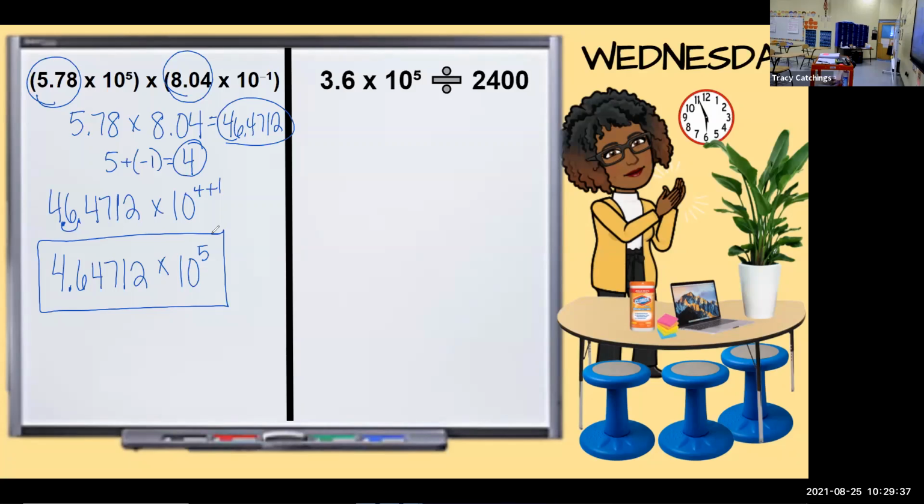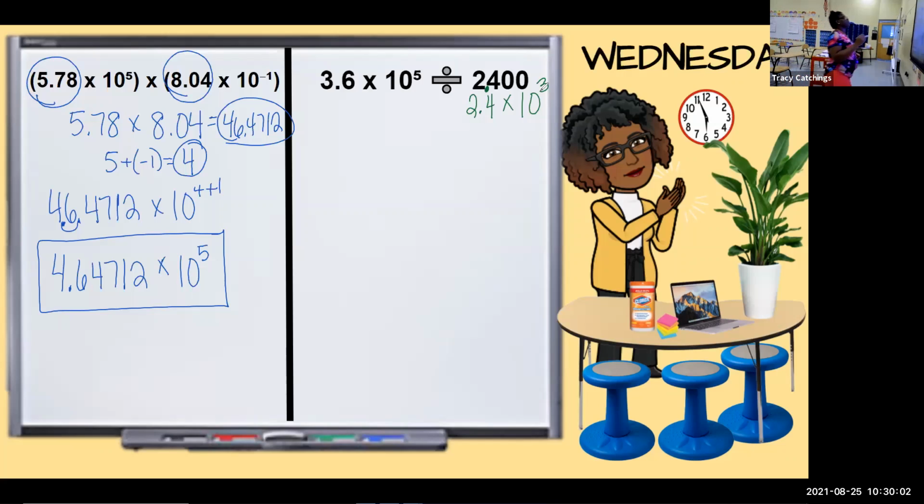All right, for the second one, 3.6 times 10 to the 5th being divided by 2400. Once again, get them in the same form. So if we were to write 2400 in scientific notation, what would it be? 2.4 times 10 to the 3rd. Good job.